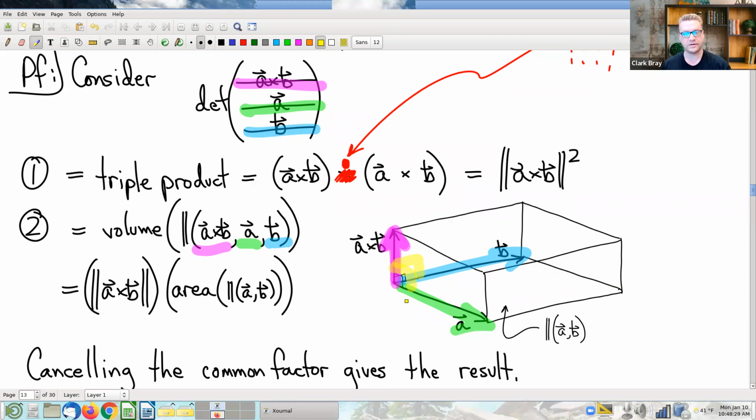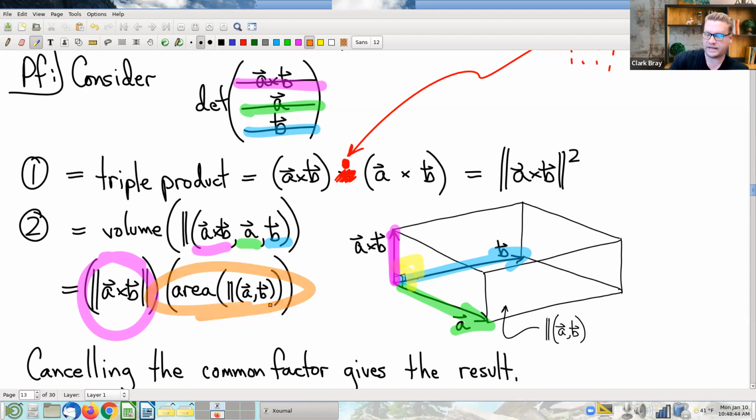And because they're perpendicular, this volume is just that magnitude, namely this distance, times this area. Because of the right angle, the volume is purple times orange.